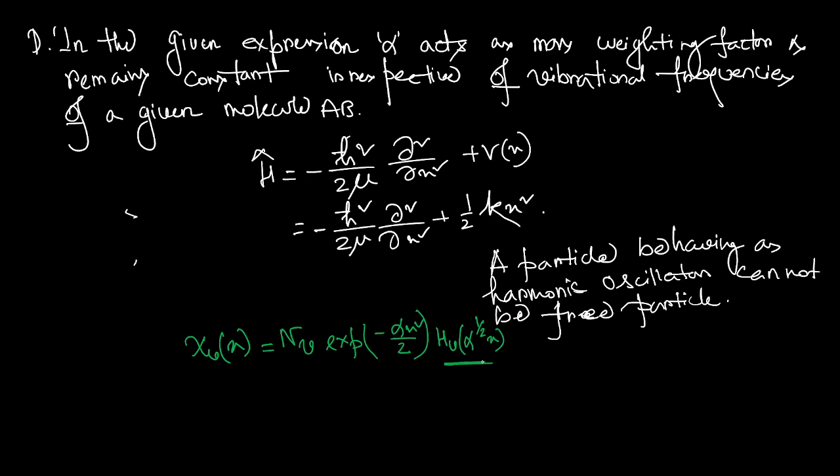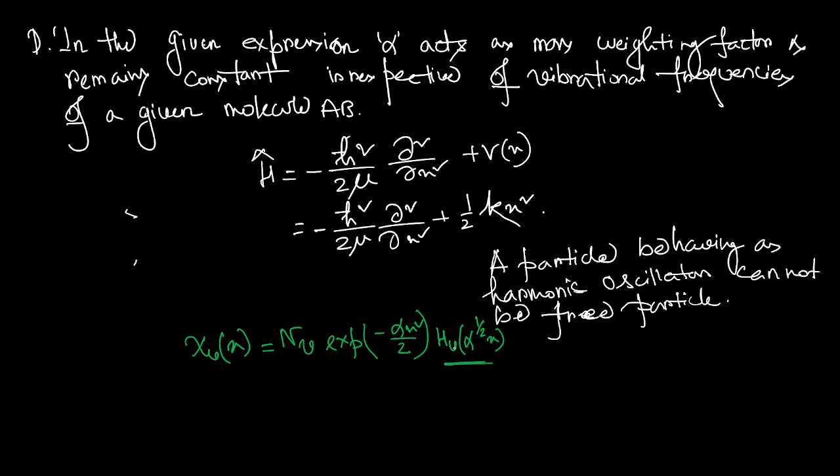Depending on the value of v, the vibrational quantum number, you get different Hermite polynomials. But the main factor of the wave function is the exponential of minus alpha x square by 2.